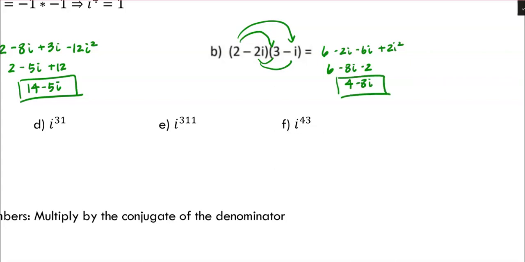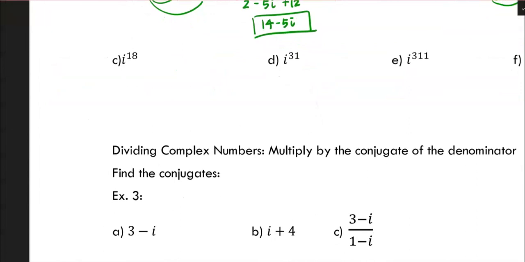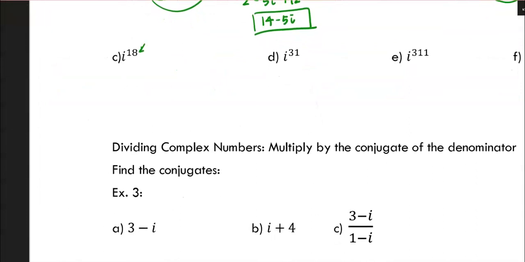There we go. Now to simplify these, we can find out how many times 4 goes into 18. So i to the 4, and it goes in 4 times, and we have a remainder of 2. Should be right. 4 times 4 plus 2 should be 18.